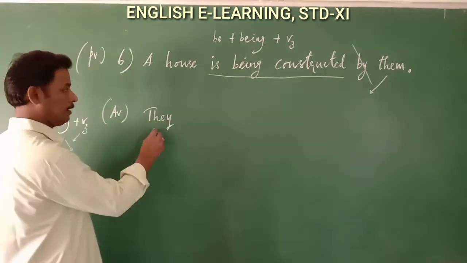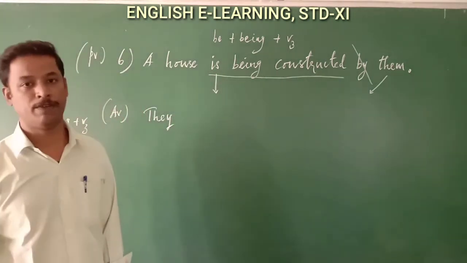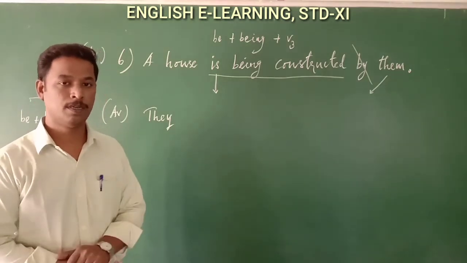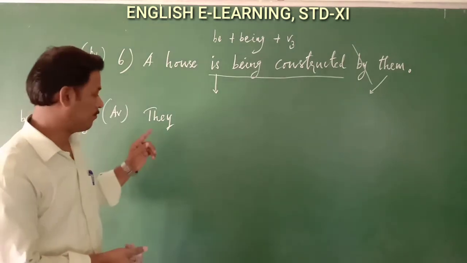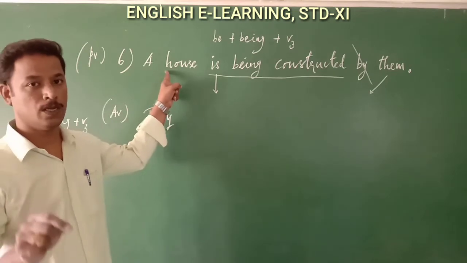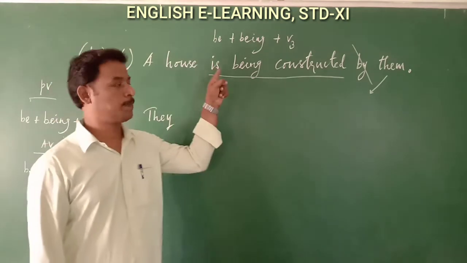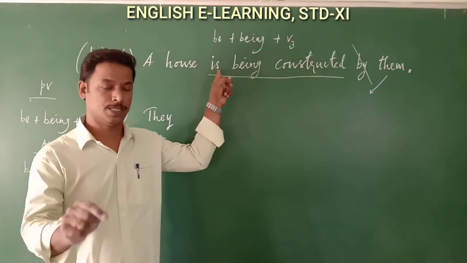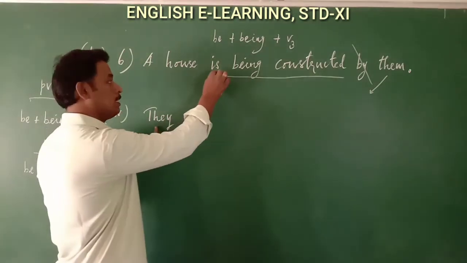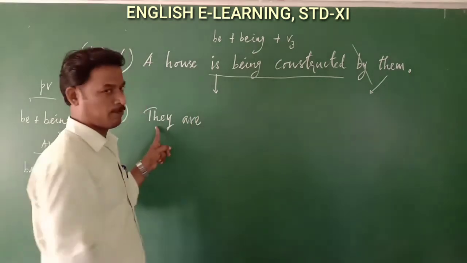Okay, they, and then remaining we have to write the be verb. While using the be verb, we must be careful of the subject. Here the subject is singular, house. That is why the verb applied here is also singular, is. Here we have the plural subject, so this singular verb should be changed as a plural verb, are.